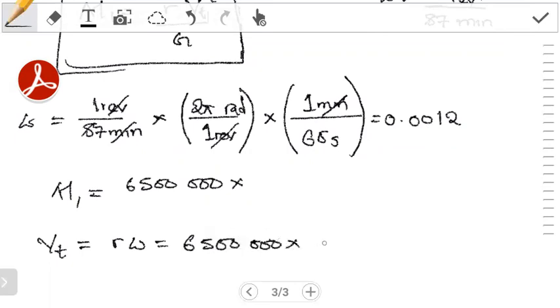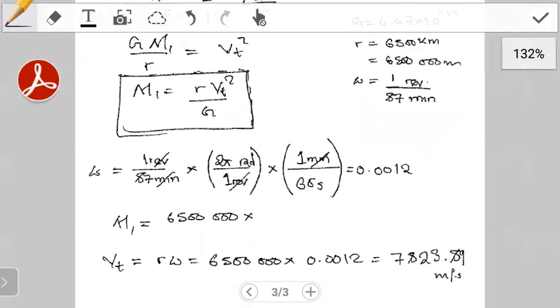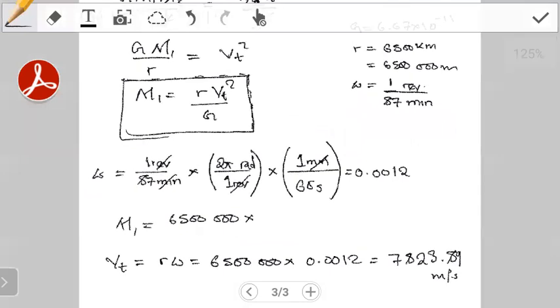Multiply this by 0.0012. You can use the full value and then just round off at the end. This is going to give you 7,823.89. This is a tangential velocity, so the units are going to be meters per second.